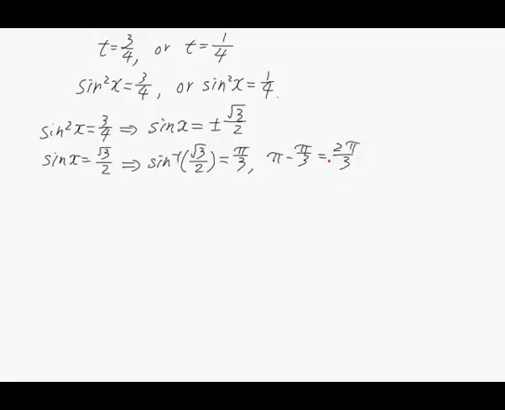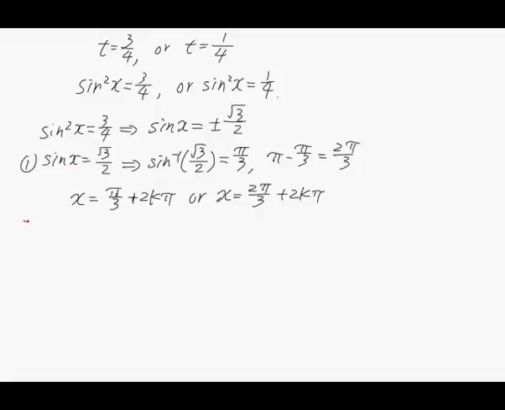So these are the two special solutions between 0 and 2 pi. And in this way, you can get the general solution for this equation. You have x equal to pi over 3 plus 2k pi, or you have x equal to 2 pi over 3 plus 2k pi. Okay, let me mark this as case 1. This is the first case when sine x is equal to root 3 over 2.